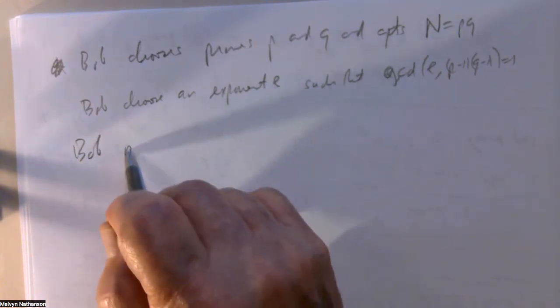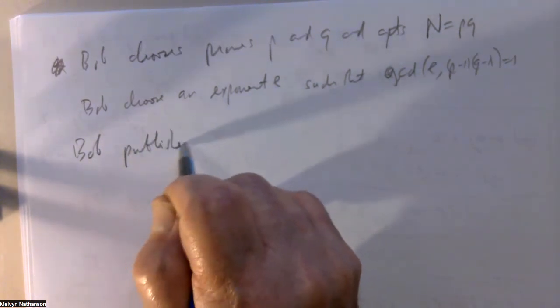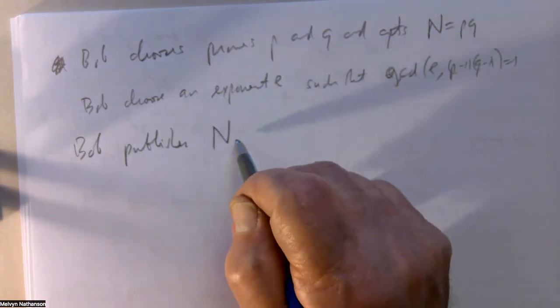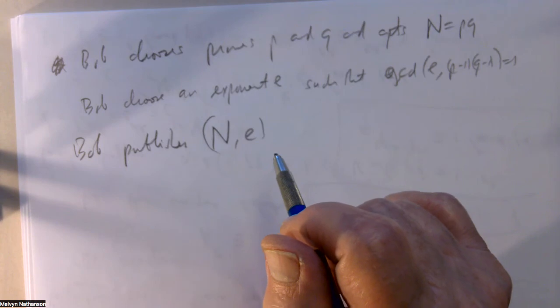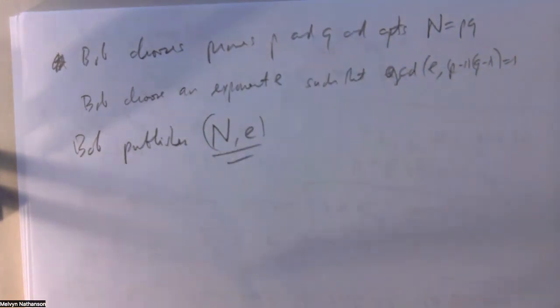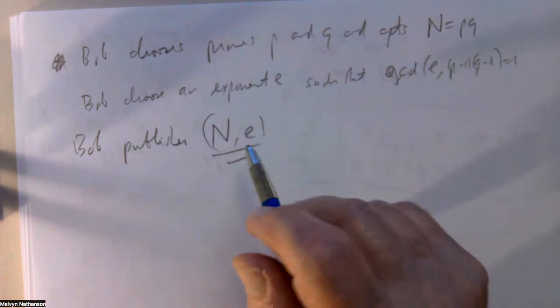And Bob publishes N and E. And so everyone knows this pair of numbers, capital N and E.